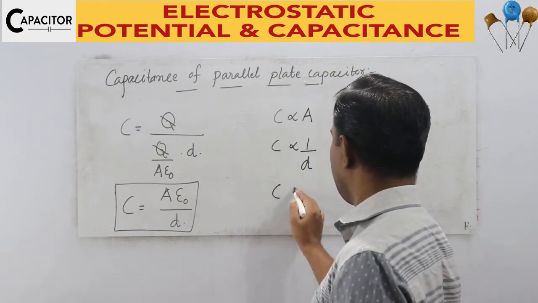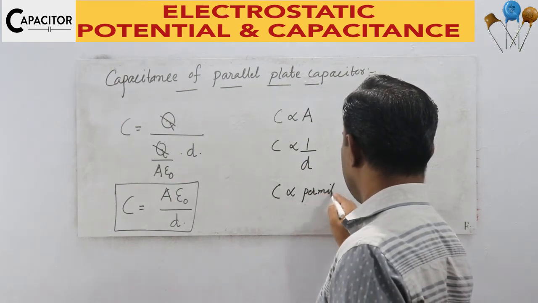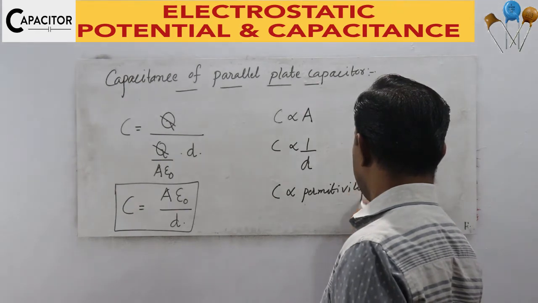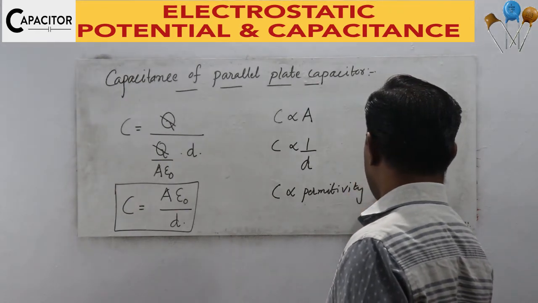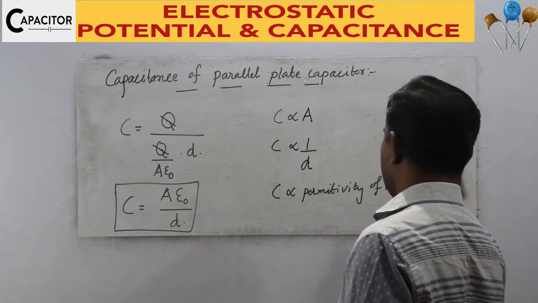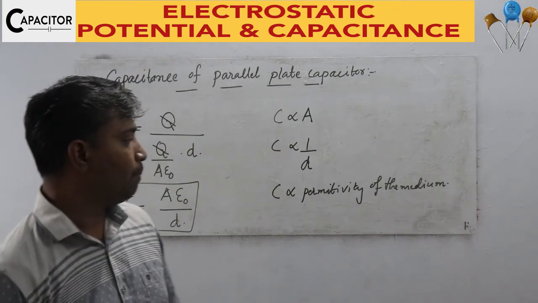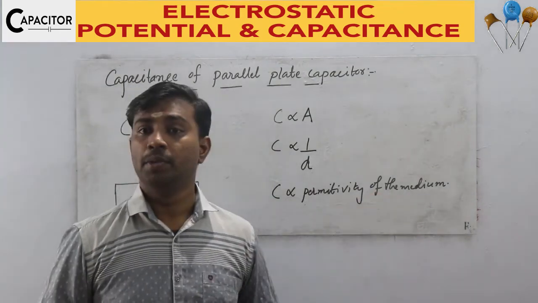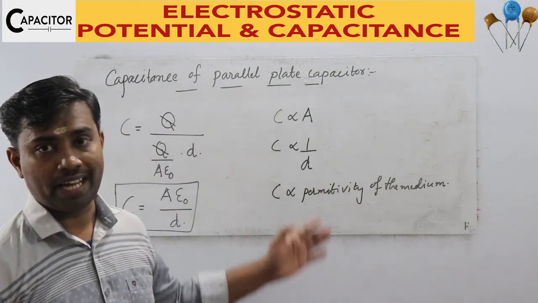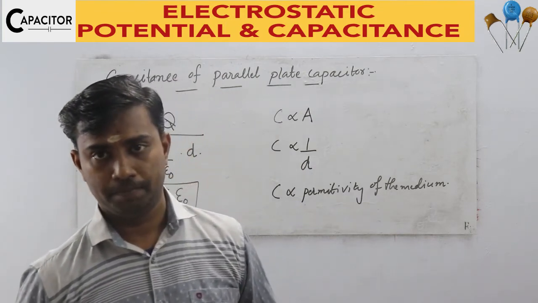And C is proportional to the permittivity of the medium between the plates. So these are the factors affecting the capacitance of a capacitor.